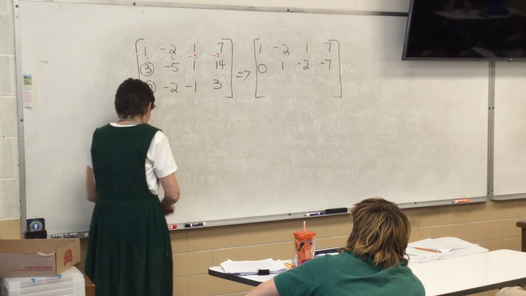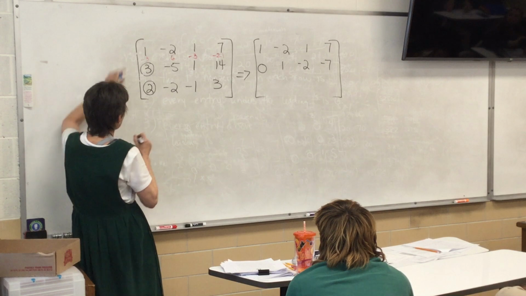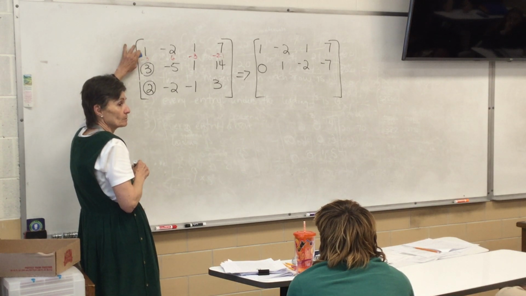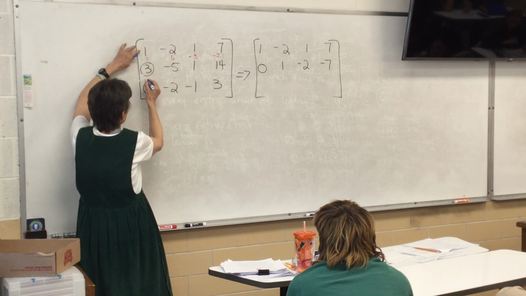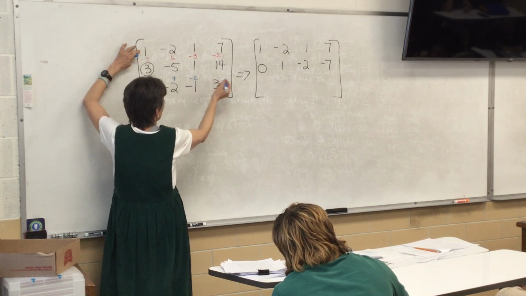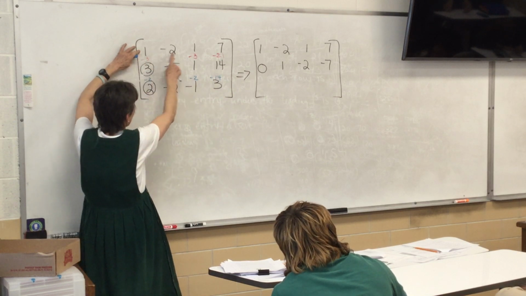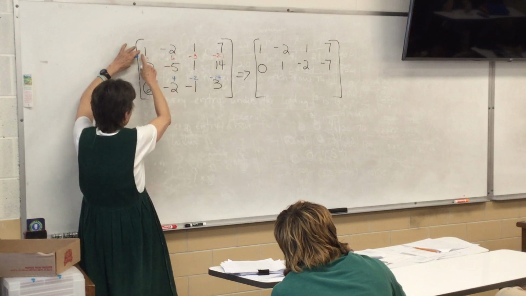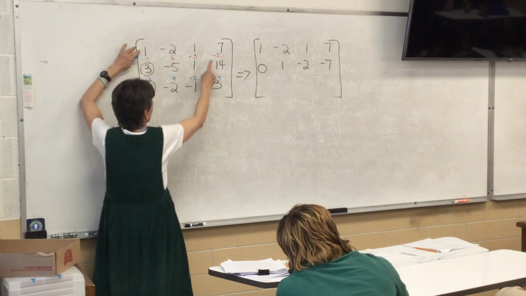All right. Now I gotta eliminate this guy. I gotta make him a 0. So I'm gonna go back to the top row. And I'm gonna multiply the top row by -2. So I'm taking my top row and I'm multiplying everything in it by -2.